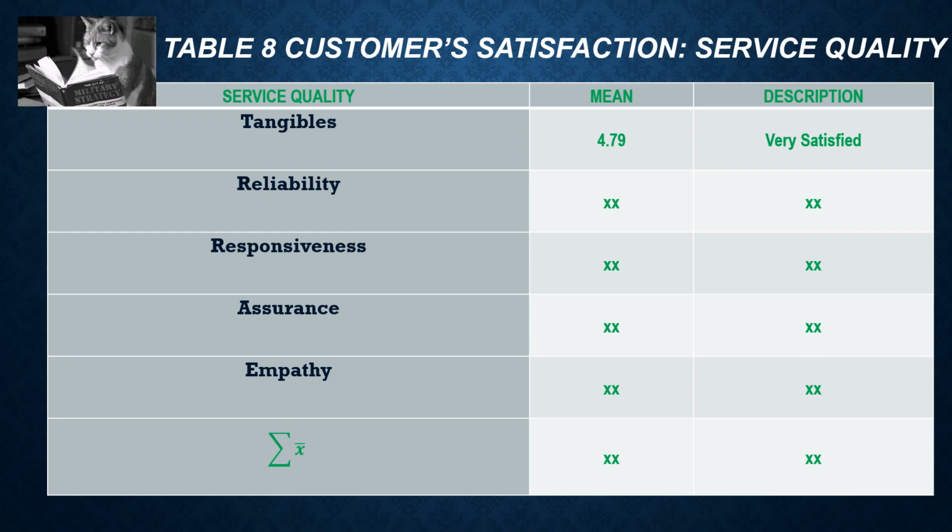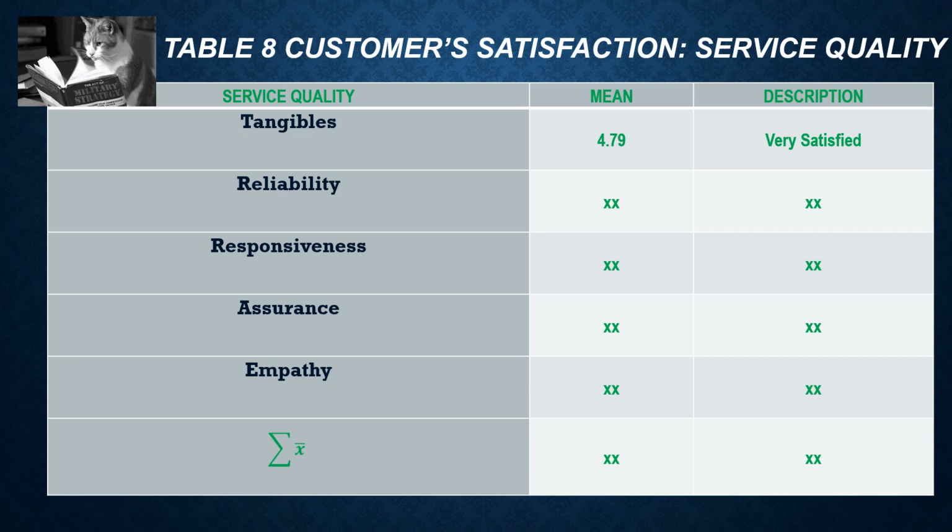For Table 8, this will be the official or overall mean per dimension. We have here tangibles, reliability, responsiveness, assurance, and empathy. For Table 8, it means that it is expected that you will create 8 tables in all.